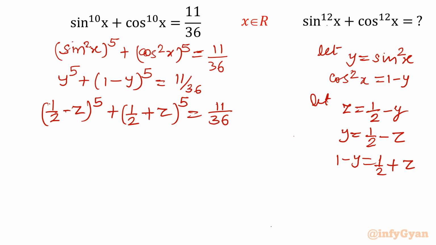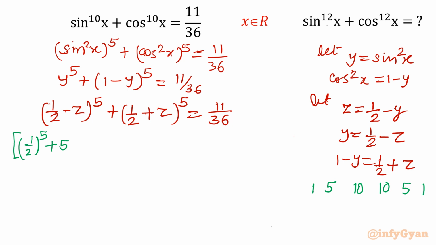So let me expand this one. Let me write the first bracket. The first power will decrease and the second power will increase, and the coefficients for the power 5, if you remember, are 1, 5, 10, 10, 5, 1. Now let's complete this one.